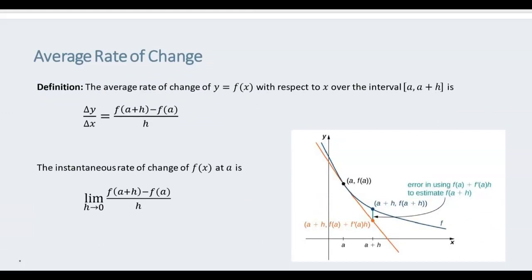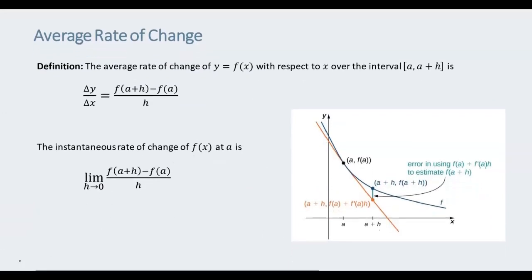This is just putting together what we were saying more formally, but also taking into account now that rather than taking two particular points, let's say A and B, we're going to start with only one. We're going to start with a point A, and we're going to have some arbitrary value h that we've added to A. So this new point over here on the right is a distance of h away from that original point A. When we plug those two into the function, their output is f of A. So here's the first point.